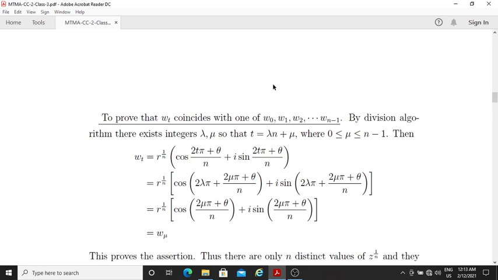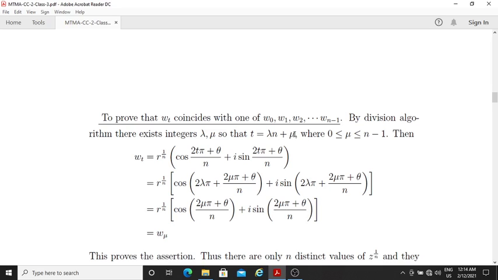There is something called the division algorithm. You will learn the division algorithm in classical algebra of real numbers, but I can tell you in a nutshell that as t is more than n, now try to divide t by n. What will happen if you divide something by n? You may get some remainder.